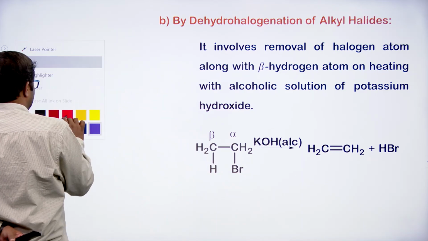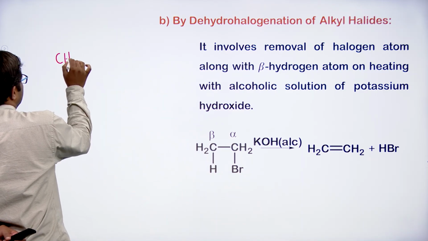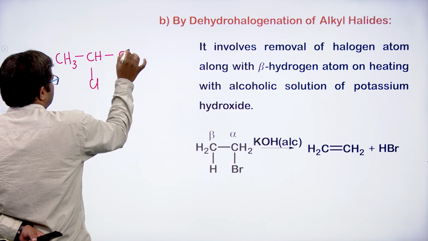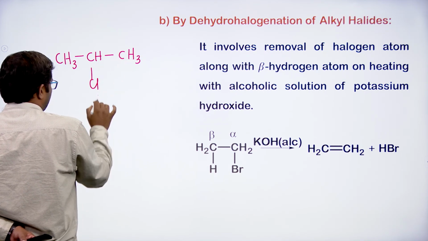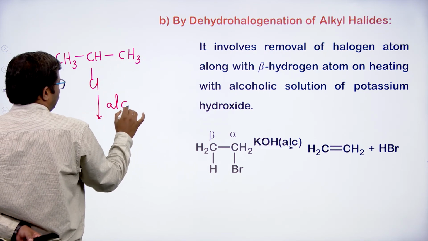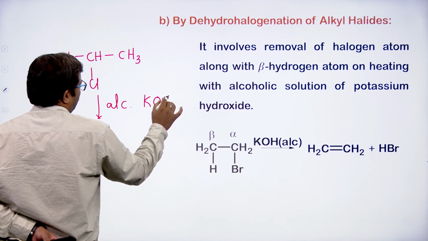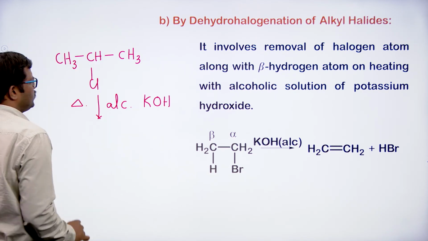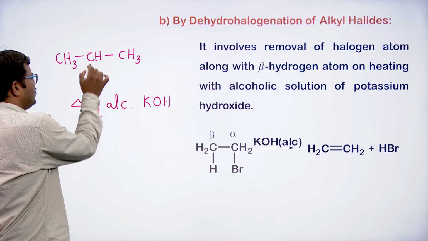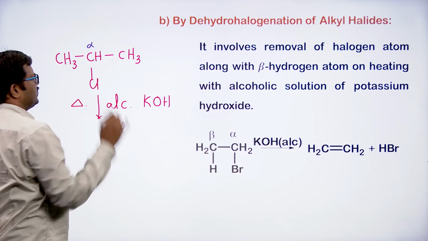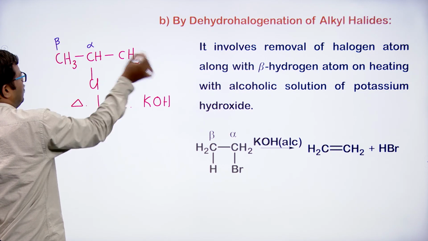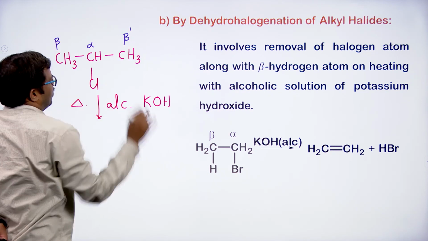Let us take one more example, CH3 CHCl CH3. When we treat it with alcoholic potassium hydroxide under heating conditions, what is going to happen? The halogen is attached to this carbon, so this is alpha carbon, and this side it is beta carbon, that side it is beta dash carbon.